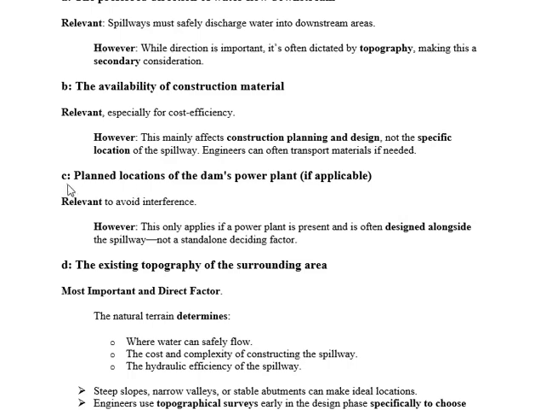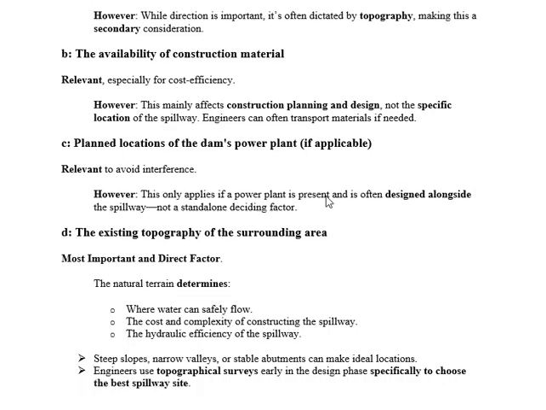When we see option C, it says planned locations of the dam's power plant, if applicable. This is relevant to avoid interference: if the dam includes a hydroelectric power plant, its location must be considered to avoid interference with the spillway.